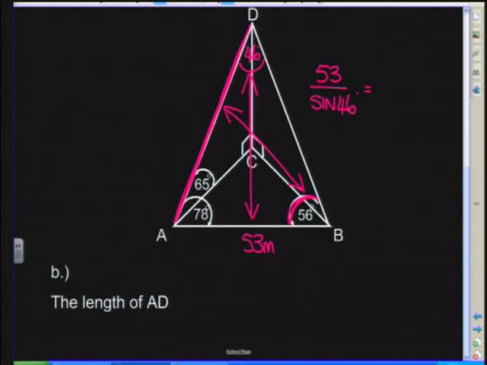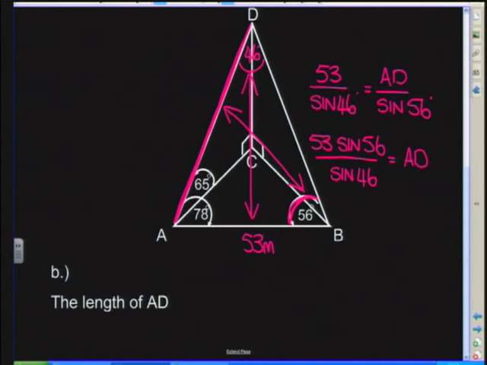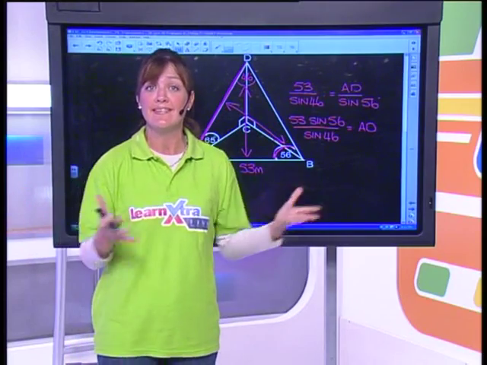And then I say my length from A to D, which is what I need to find, over sine of the angle opposite that, which is 56 degrees. With that then said, 53 multiplied by sine 56 over sine of 46 is equal to AD.